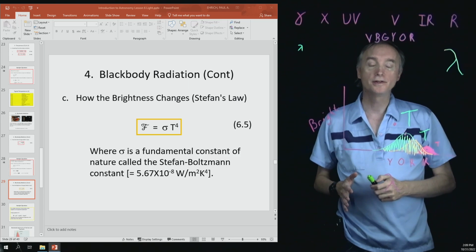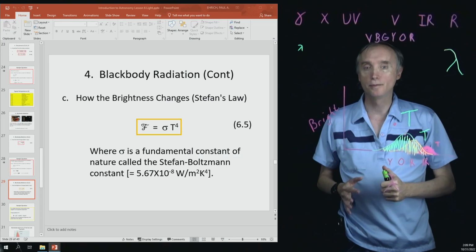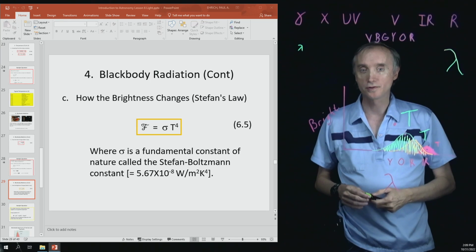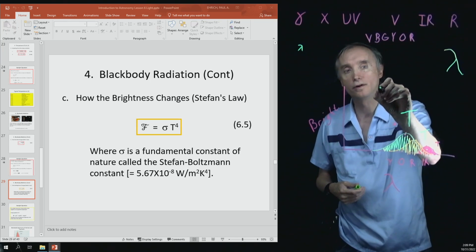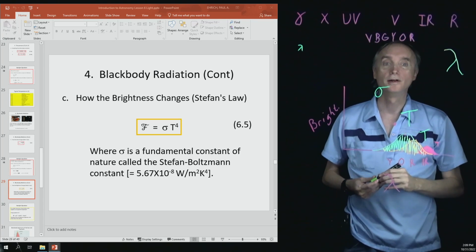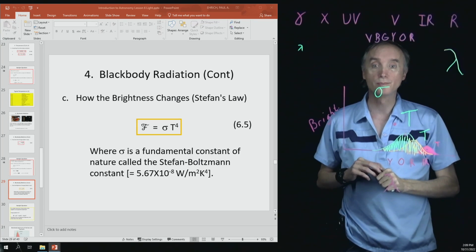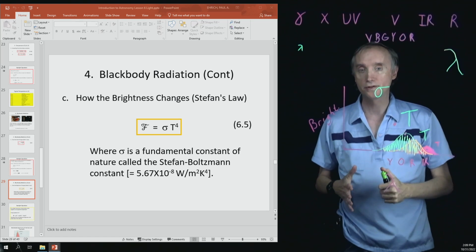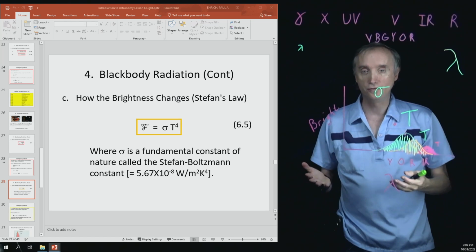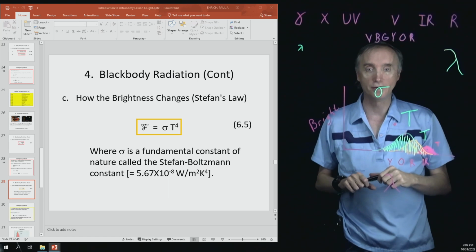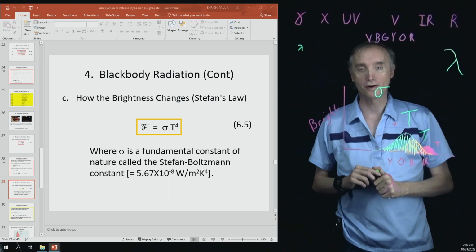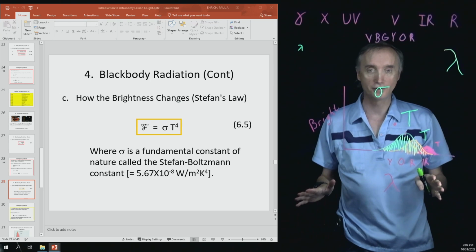F is the apparent brightness of the black body, and it's equal to sigma times T to the 4th. Sigma is a Greek letter S, and it stands for the Stefan-Boltzmann constant. It's a fundamental constant of nature and is equal to 5.67 times 10 to the negative 8th watts per meter squared Kelvin to the 4th power. Don't worry about it, okay?